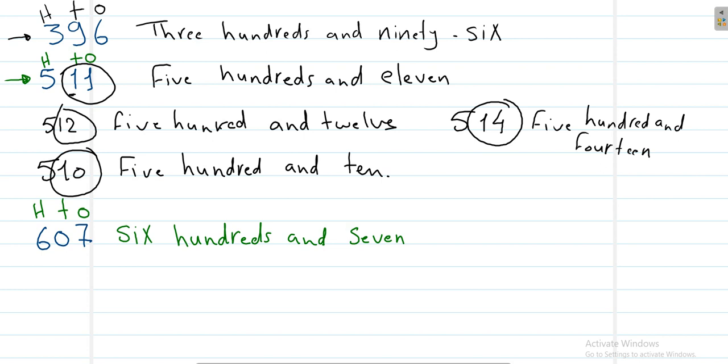607. Okay, what if I change the 0 place here and it's going to be like this? I'm going to use the same digits like that. Now, let's see. Starting from the left, 600. And 7 in the tens is going to be 70.